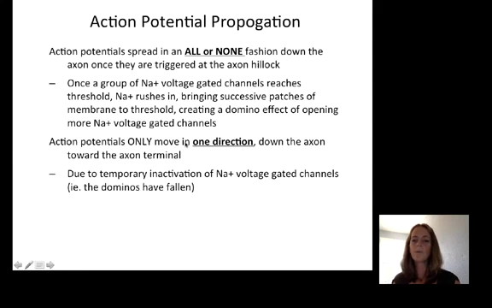Action potentials will only move in one direction, down the axon towards the axon terminal. Part of that is because of the inactivation of the voltage-gated channels. In other words, once we tip the dominoes, they continue to tip down the axon. And it takes time before the dominoes will reset, which makes sure that the action potential propagates in one direction down the axon.